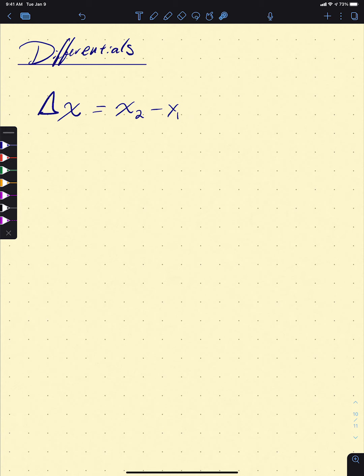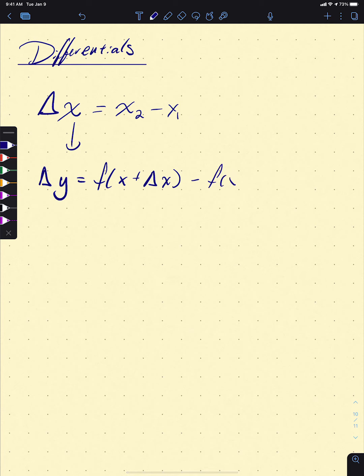Sure, because this is the same idea as when we were developing the derivative. Delta y is going to be f of x plus delta x minus f of x.